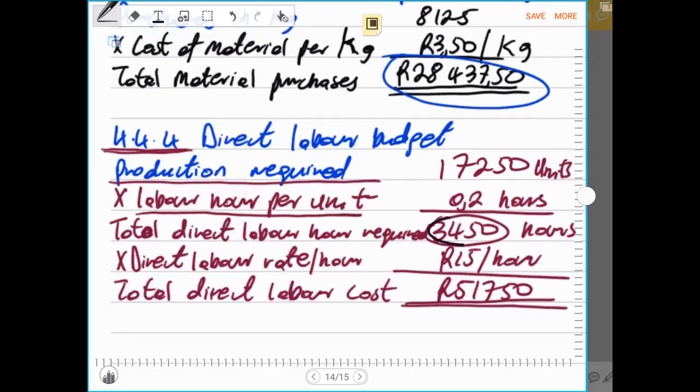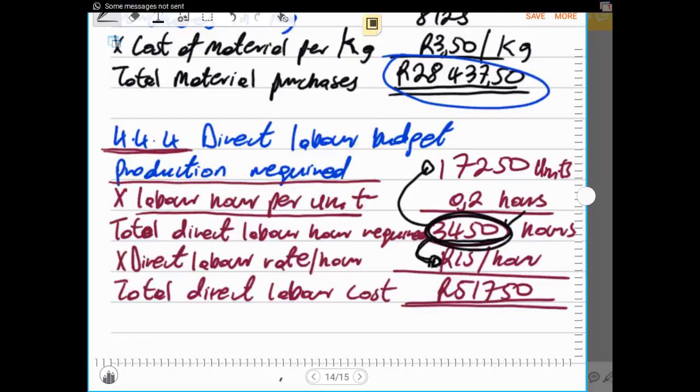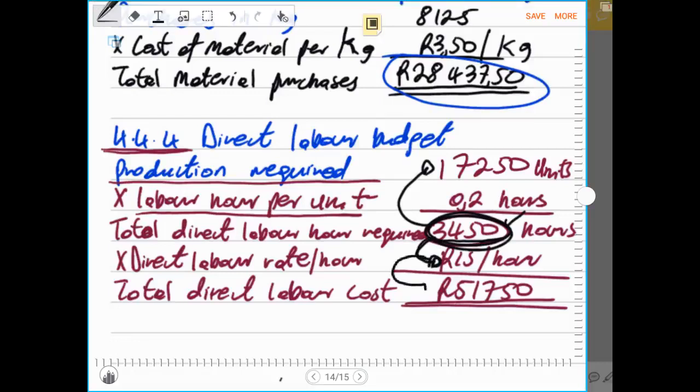These are the total hours of labor that are required to manufacture 17,250. Employees will work 3,450 hours, and they will be paid 15 rand for each and every hour that they work. That means if you take the number of total hours that the company will incur and multiply that by the rate, that will give us the total labor cost for a specific job.